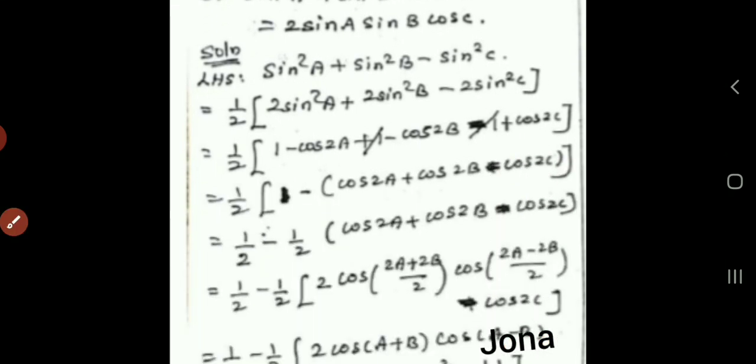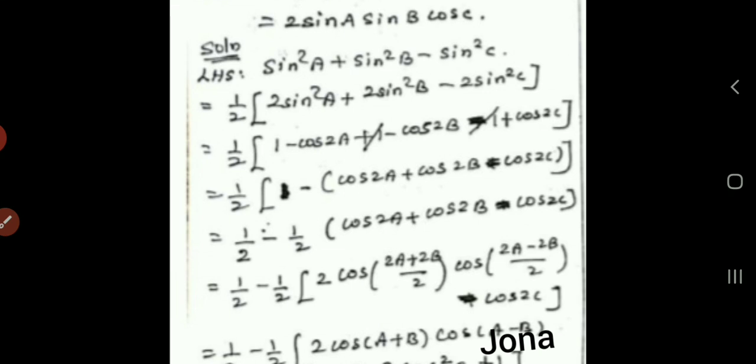The next problem, fourth one, sin square a plus sin square b minus sin square c equal to 2 sin a sin b cos c. Take the left hand side as usual, and we want to multiply and divide by 2 here. So it will become 1 by 2 into 2 sin square a plus 2 sin square b minus 2 sin square c.